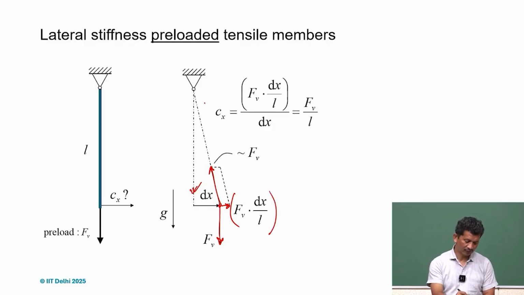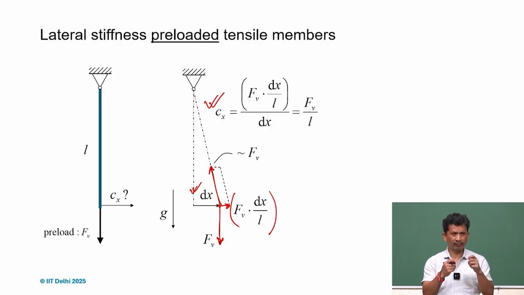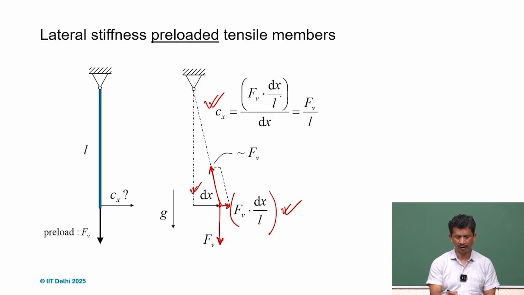If we try to calculate and find the stiffness, we can imagine the bar is stretched with a tensile load Fb acting downwards, and we try to pull it sideways. We can feel the stiffness, and that stiffness is nothing but the force, Fb dx by L, divided by dx.